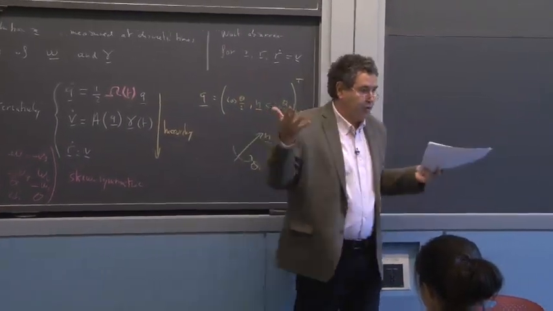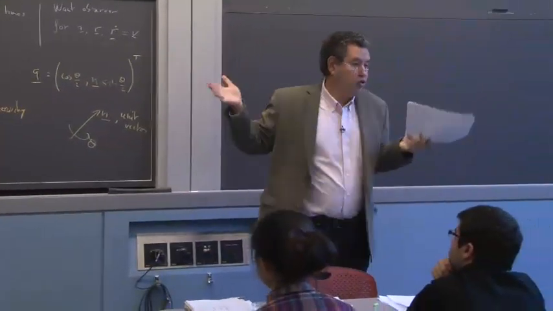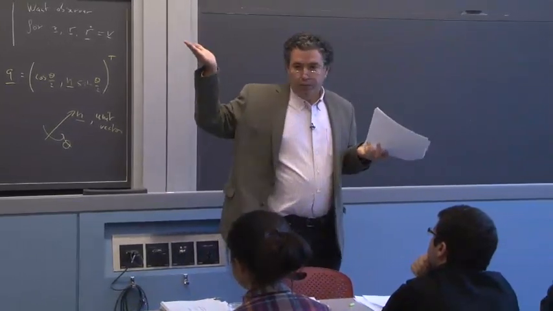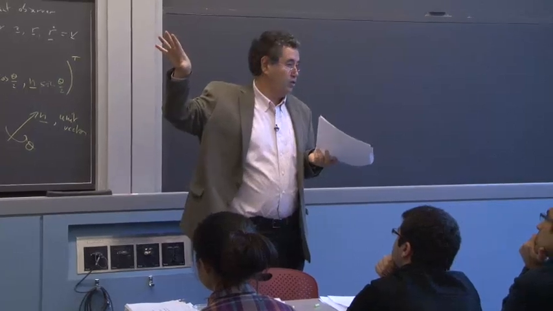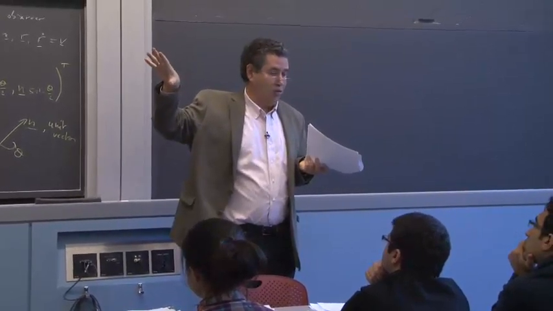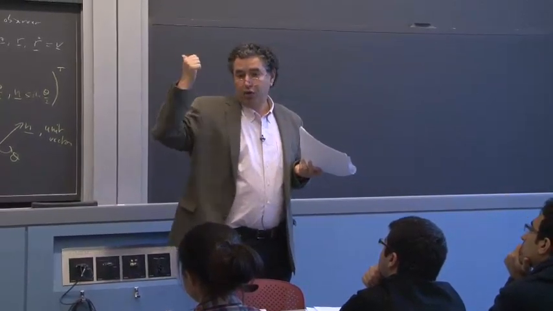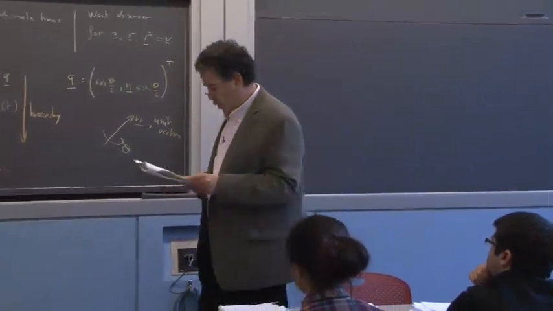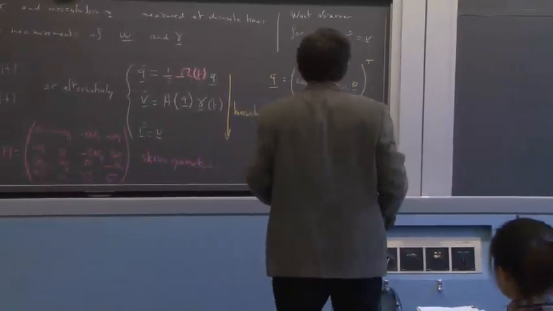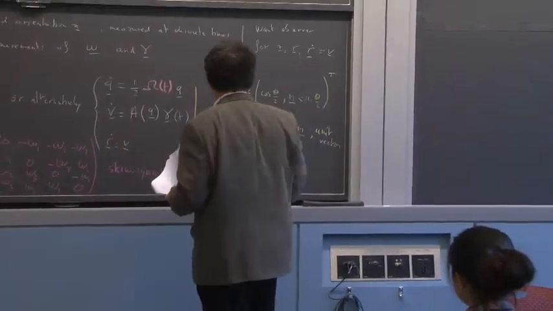In some instances, people do. Here we assume we just measure position and orientation. We don't directly measure velocity, so we'll have to do something a little more subtle for velocity. But if we were measuring position, velocity, and orientation, then it would be very easy what to do. All right, so what do we do?